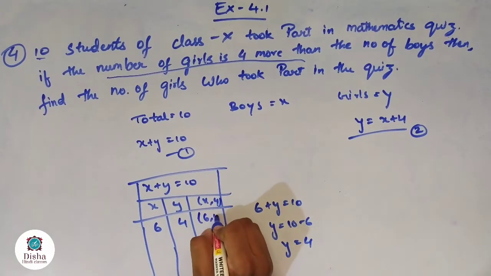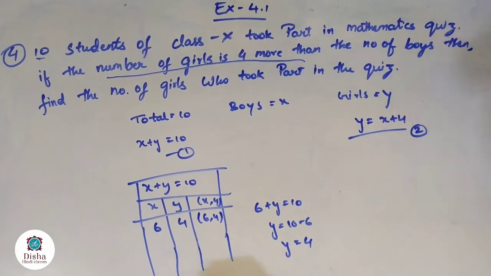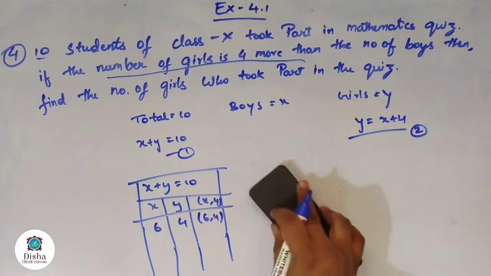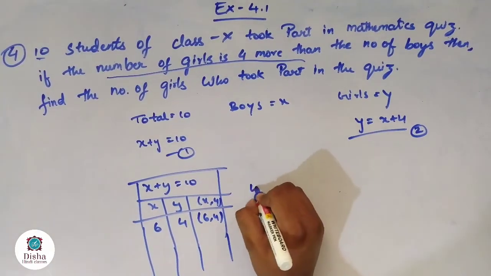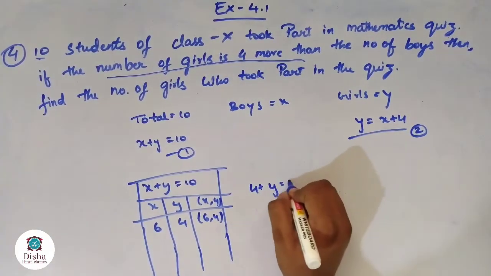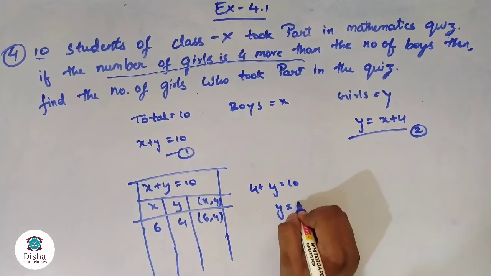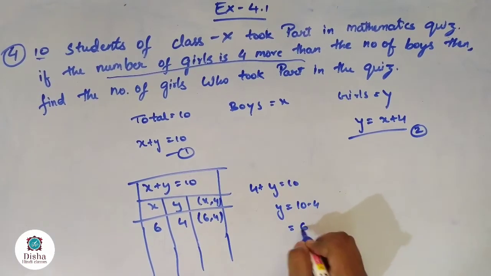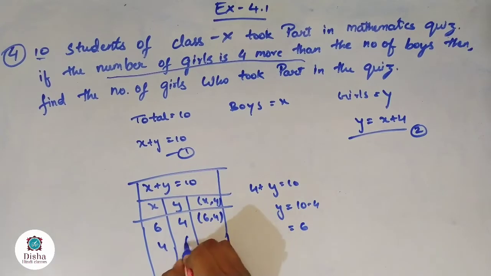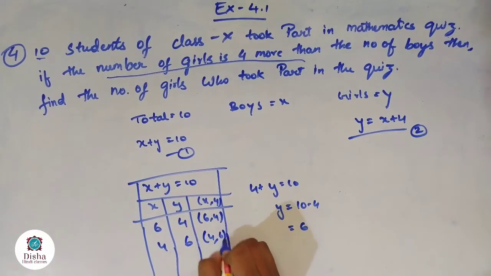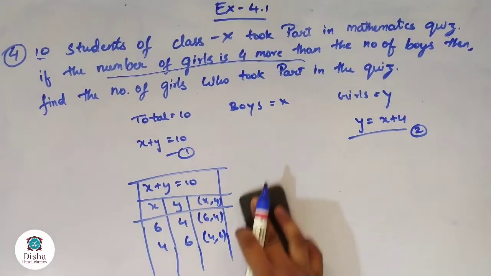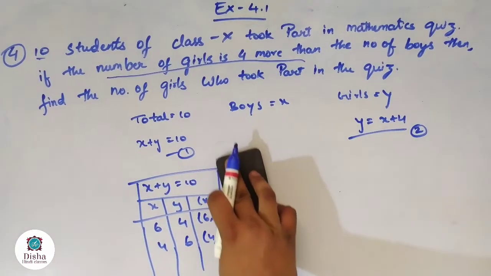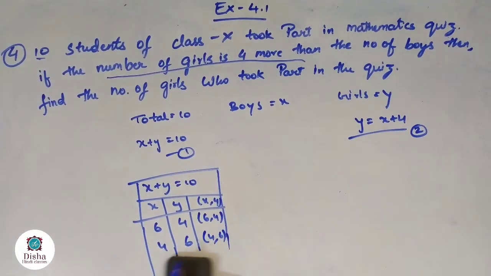So 6 comma 4. So now if you take X value as 4, so 4 plus Y equals to 10. Y equals to 10 minus 4, that will be equals to 6. So 4 comma 6. So these are the 2 points that needs to be plotted on the graph.